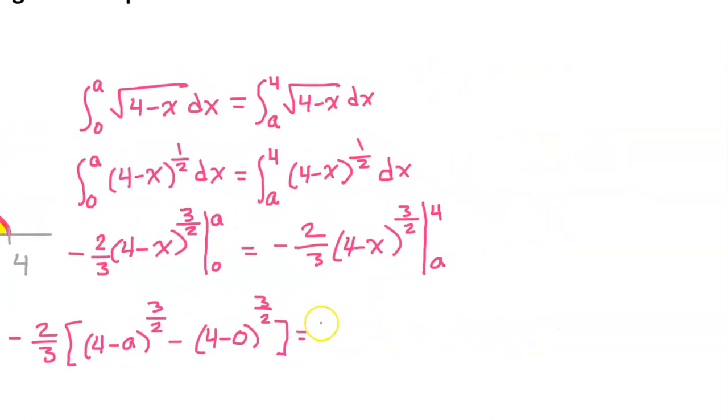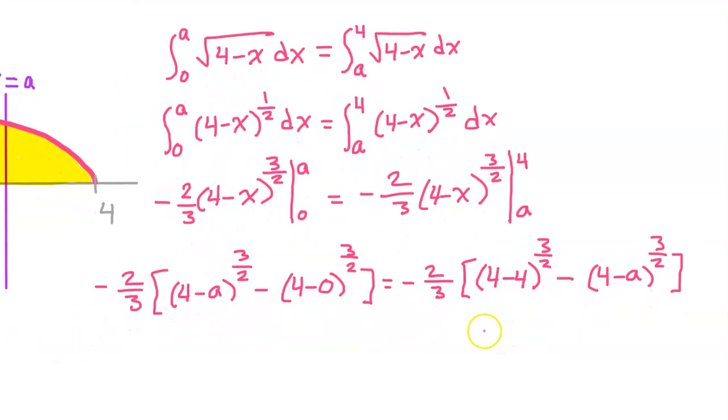And now on the right-hand side, again, I will leave the negative 2/3 out in the front. This time I need to find the value at 4 minus the value at a. So the value at 4 is 4 minus 4 to the 3/2 power. And then the value at a is 4 minus a to the 3/2 power.